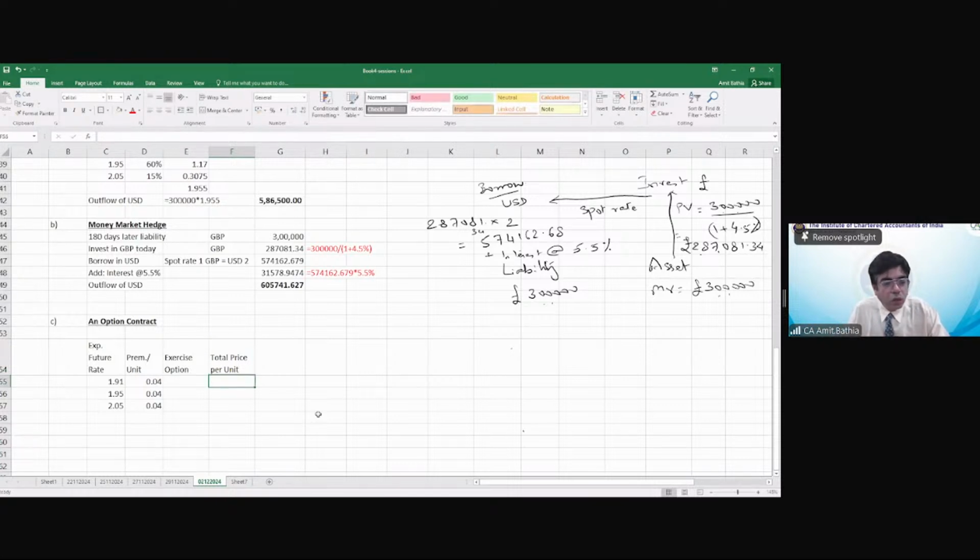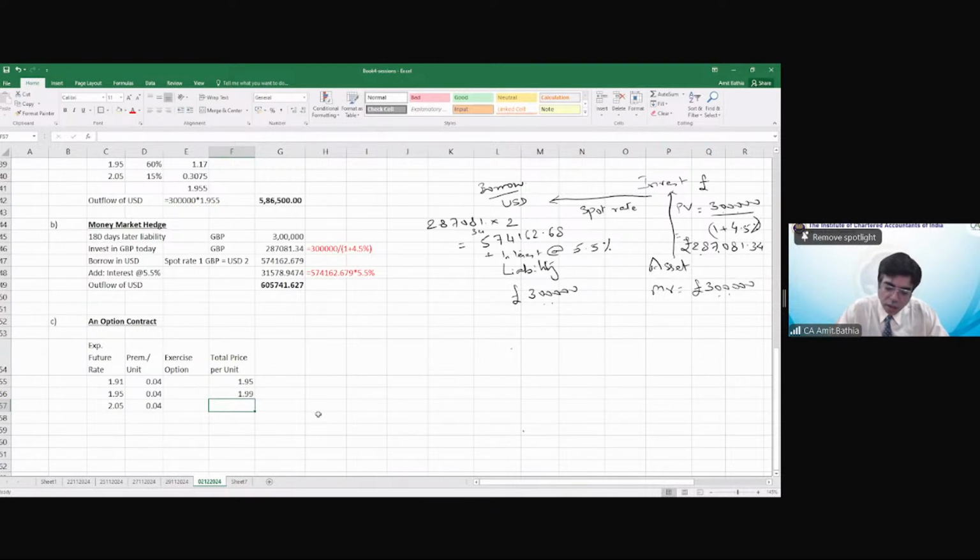So here, what will be the total price for me in case of the first option? It will be 1.91 plus 0.04. Am I right? Yes, sir. In the second case, what will be the total price for me? 1.95 plus 0.04. So it will be 1.99, the total cost for me. Are you with me?